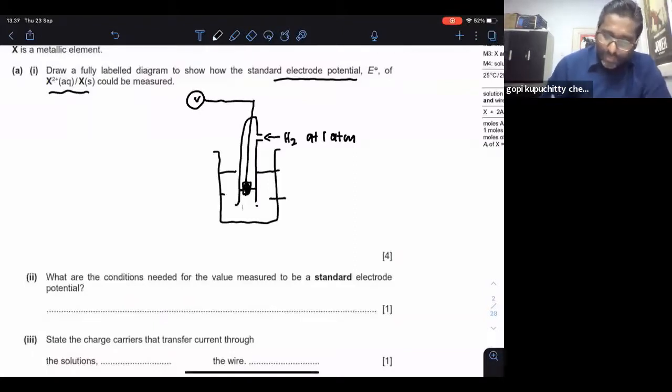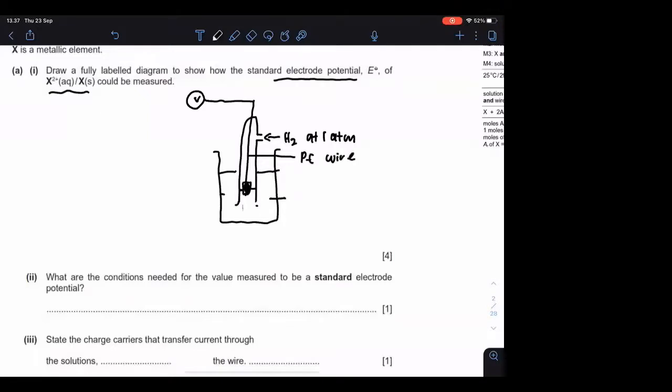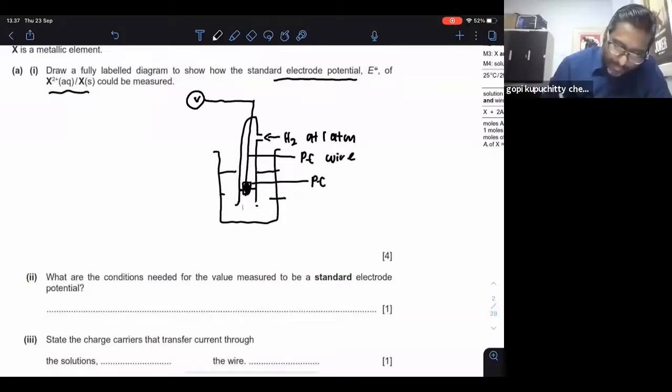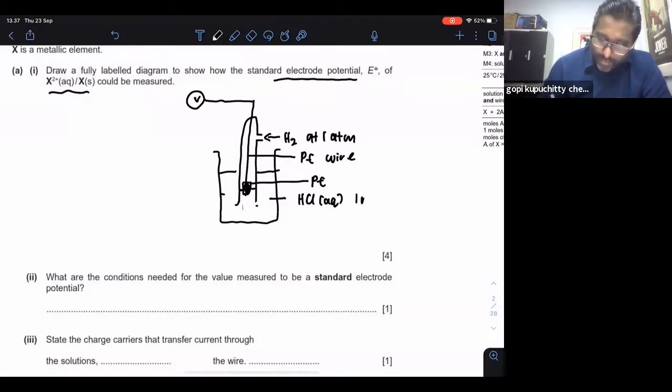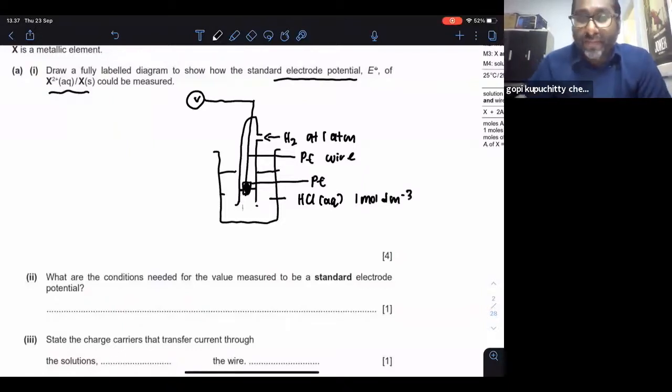And this is going to be the platinum wire. This is going to be platinum. And this is going to be the H+, which you can select maybe HCl, aqueous, at 1 mole per dm cube. So this is going to be the half cell.